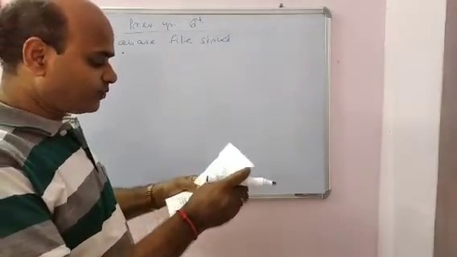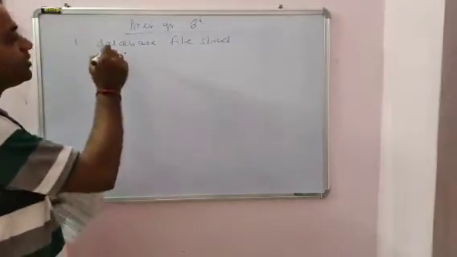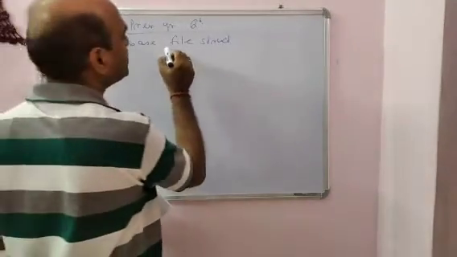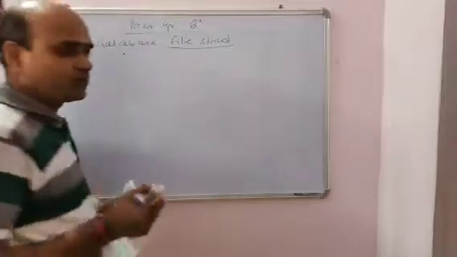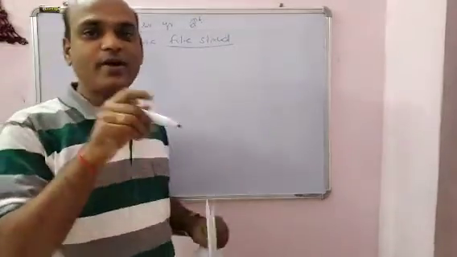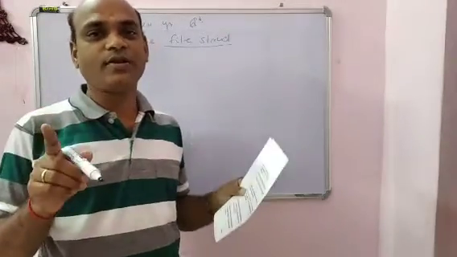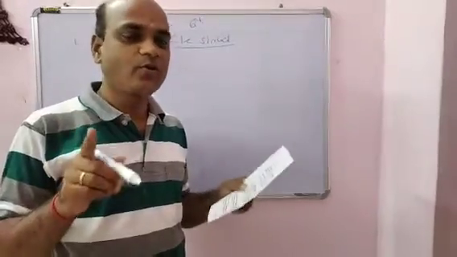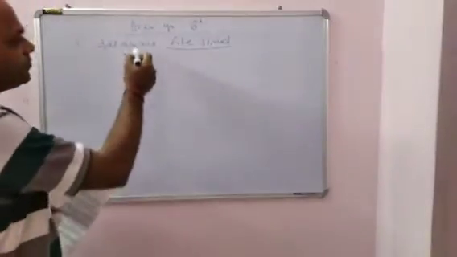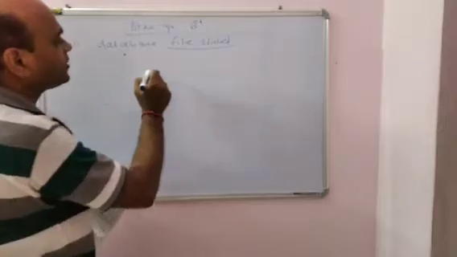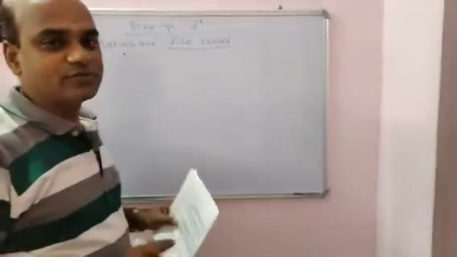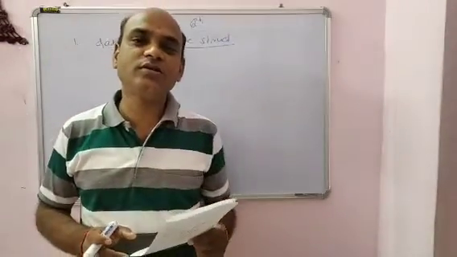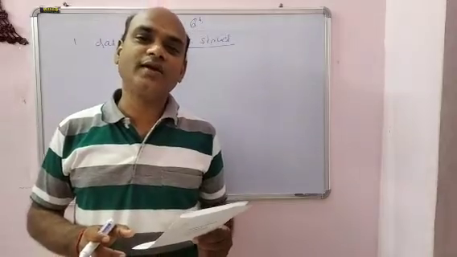Basically, in this question you will have to describe what a database file is and its structure. One is your index file, another is the data file. I have given this, so refer to my notes. There are so many types of file structure, as I have told you: sequential file structure, index sequential file structure, and hash file structure.